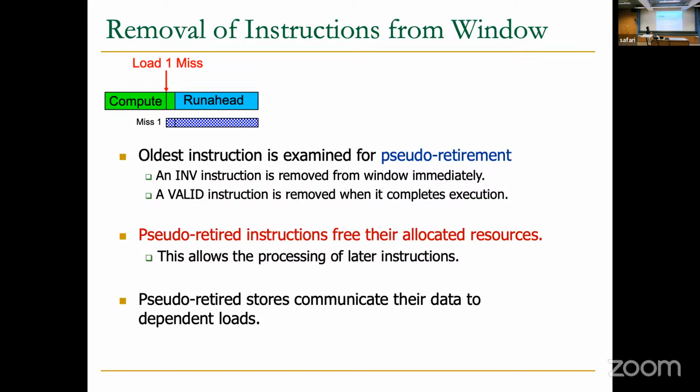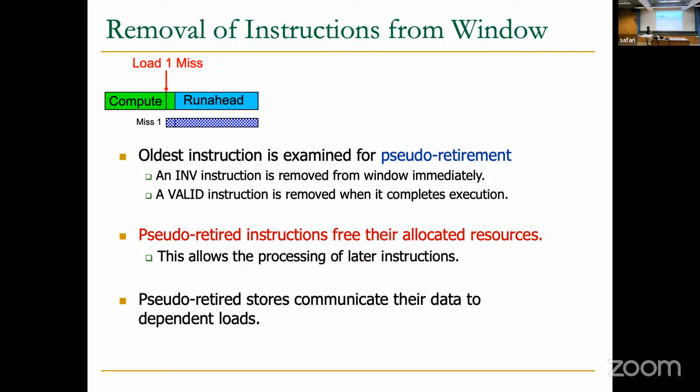And then what happens when you come out? So this is saying that the oldest instruction is examined. When you come out of the run ahead mode, if the instruction itself is an invalid instruction, then you would remove it from the window immediately. But if it is a valid instruction, then it would only be removed when you complete its execution.